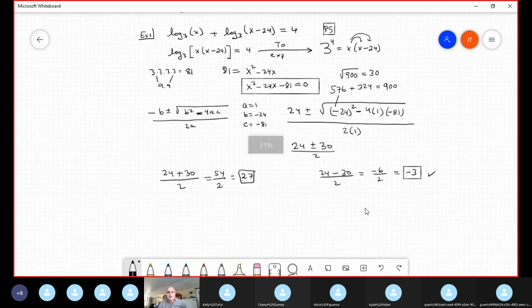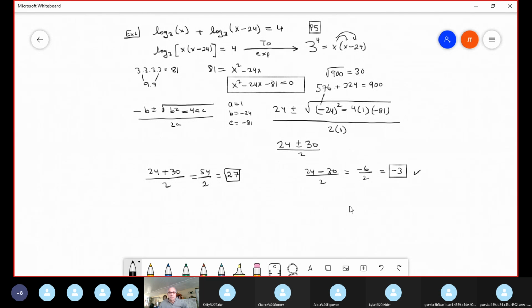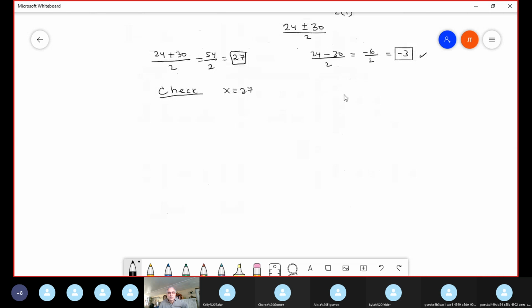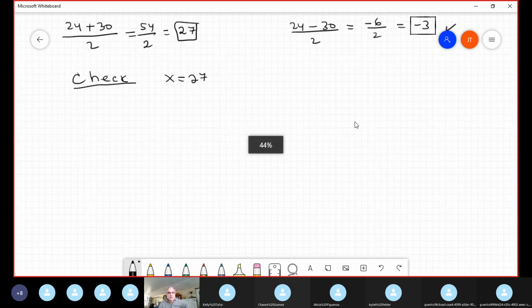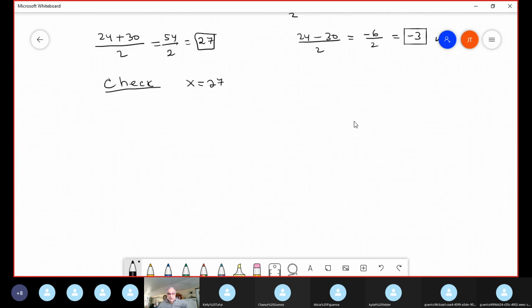So I'm plugging 27 and negative 3 into the original equation. The checking part is super important when you are solving a logarithmic equation, okay? Mandatory. Let's check x equal 27 in the original equation. So replace 27 for x.